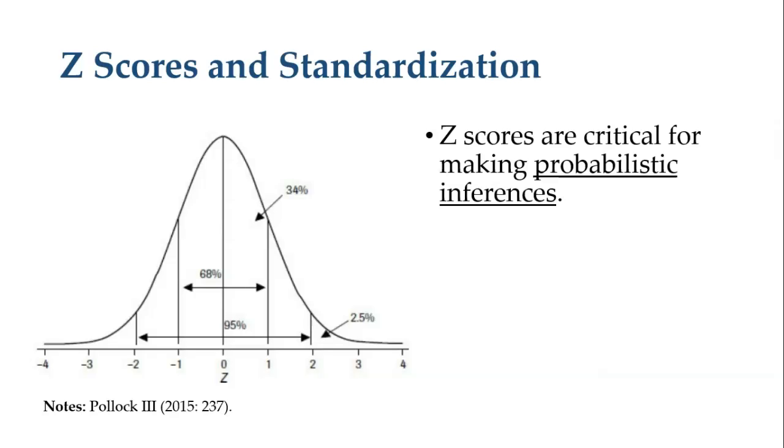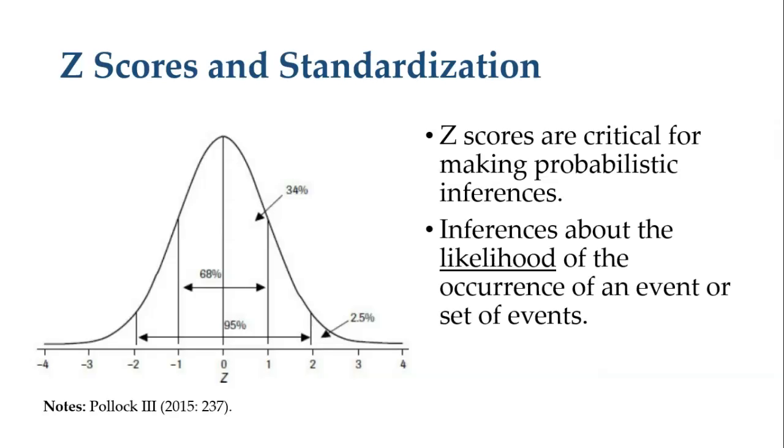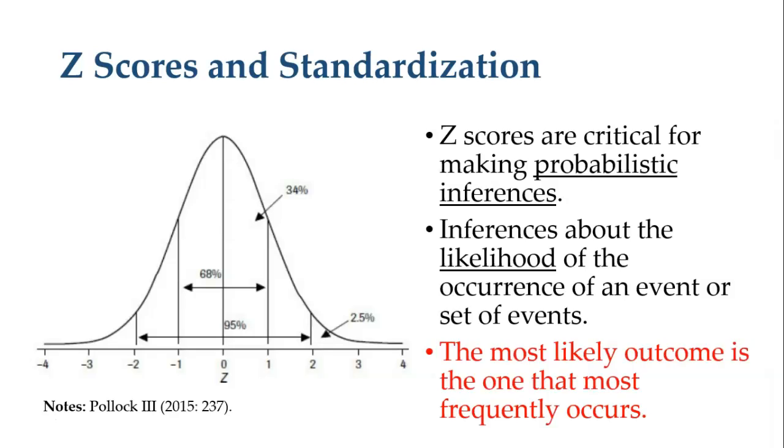Probabilistic inference is when you want to say the likelihood of the occurrence of an event or a set of events, according to the distribution of that sample and the information that you have available, okay?